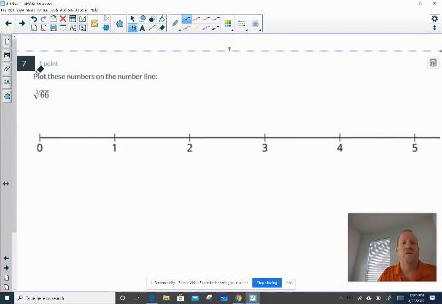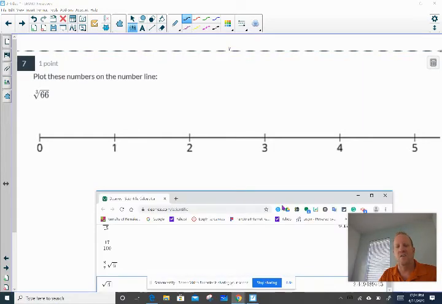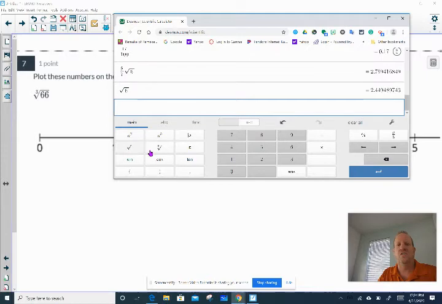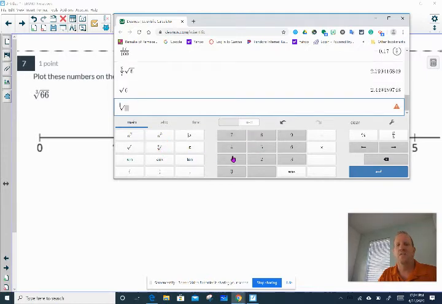The next one, another example. Oh, it's the cubed root of 66. So we're going to do the exact same thing. Cubed root of 66, and put the 3 out in the front, and then 66. Whoops, that was weird. Let's go back.